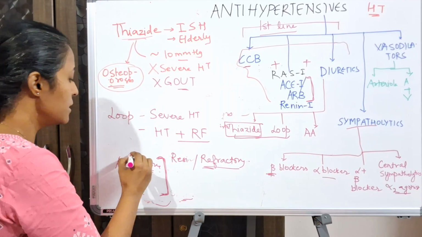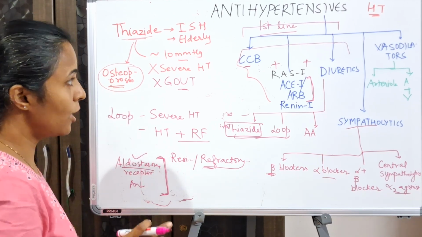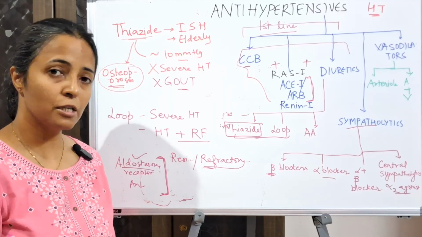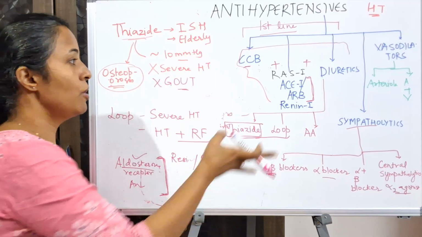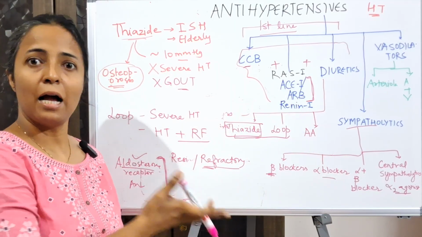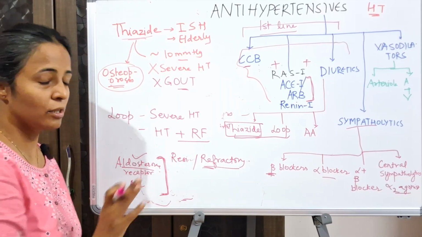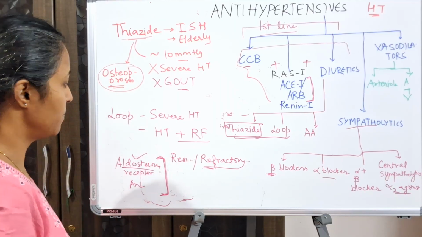We have to add this aldosterone receptor antagonist, because it is thought that the patient is not responding because the aldosterone levels have increased so much that the patient is not responding to other drugs. So even if you are blocking with ACE inhibitors or ARB, aldosterone is increasing, maybe due to some other causes. So we have to directly block this aldosterone receptor. So that is for refractory hypertension, right?